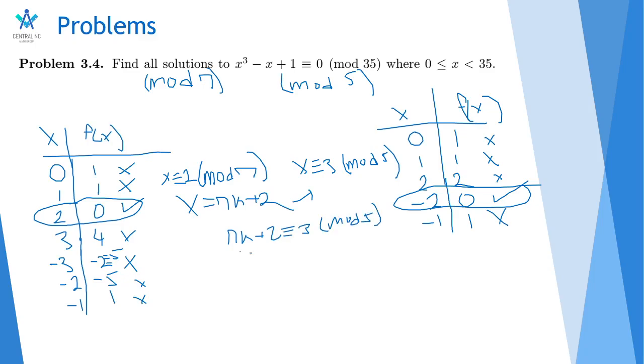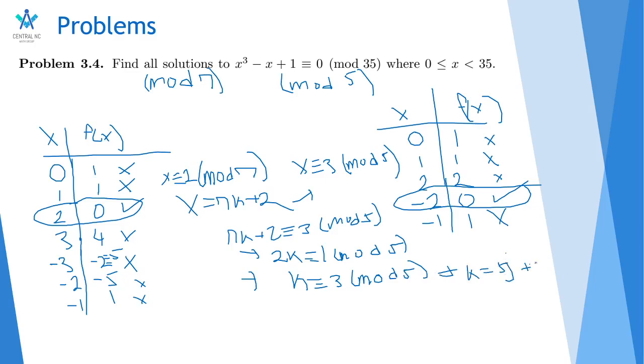Since 7 is congruent to 2 mod 5, this turns into 2k, and subtracting 2, it's congruent to 1 mod 5. As we have seen several times in this lecture, the modular inverse of 2 modulo 5 is 3, so if we multiply both sides by 3, we're left with k congruent to 3 modulo 5, which we can write as k equals 5j plus 3.